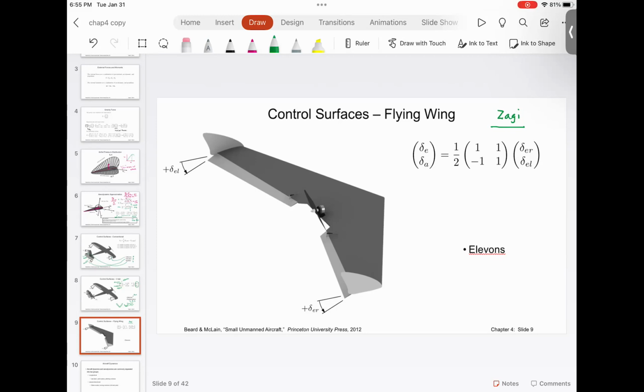Control surfaces are easy. And one tidbit here is the first UAV that was built at ASU was built in our lab in 2008, and that UAV was on this Zagi platform. At that time, we used an autopilot called Paparazzi. Pixhawk was not there.